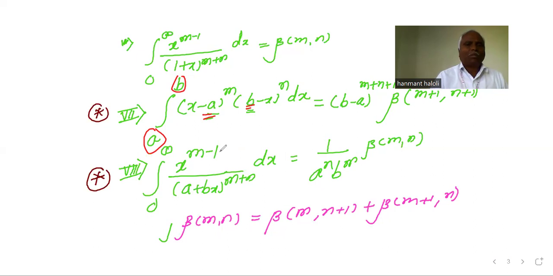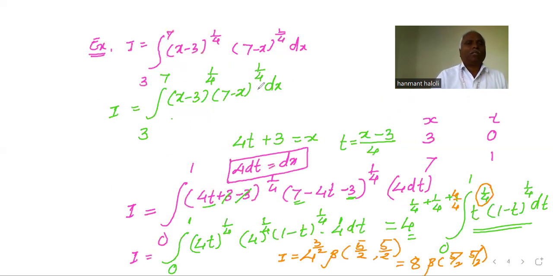And this is a most important formula, x raised to m minus 1 upon a plus b x raised to m plus n, and this is also a very important formula. These beta function formulas help you solve this. This is the one example which covers the a to b formula.